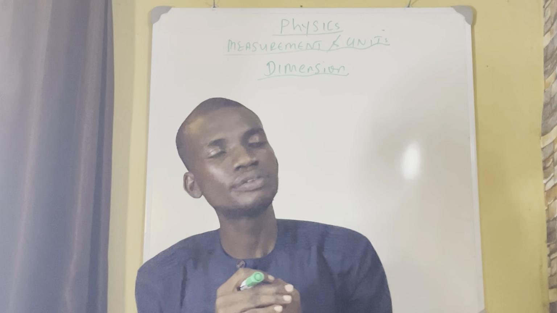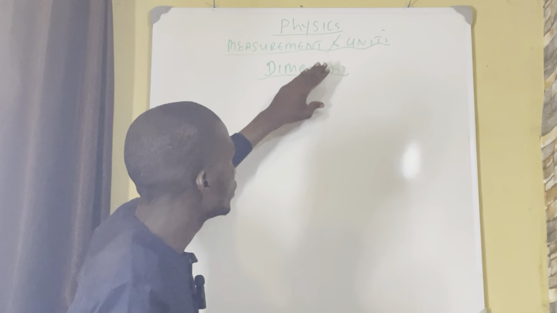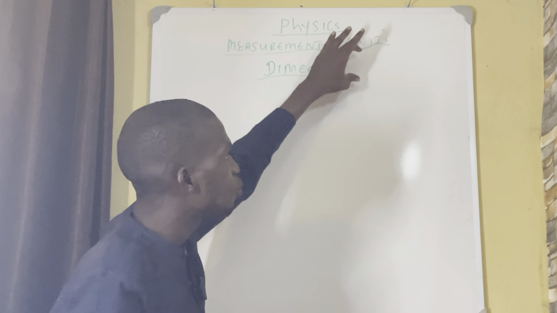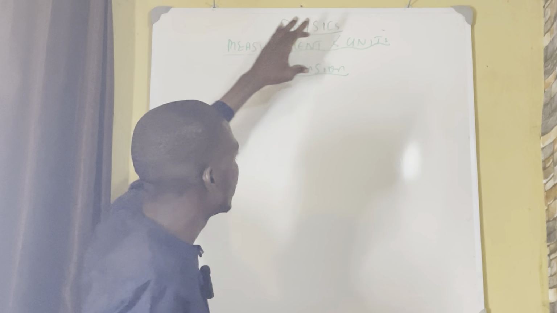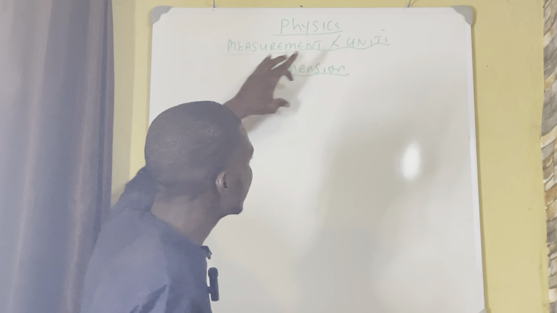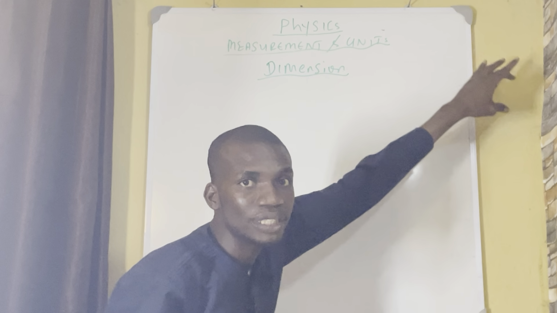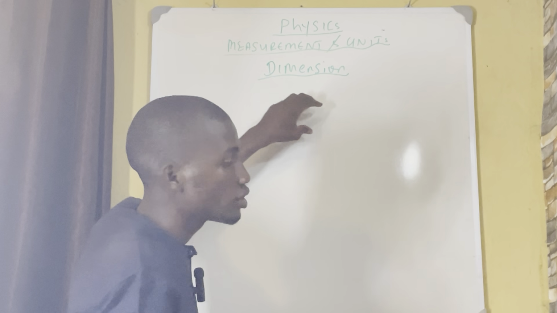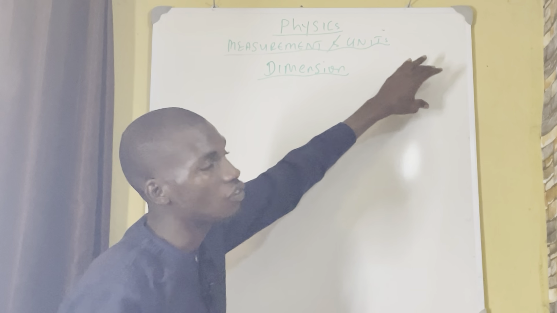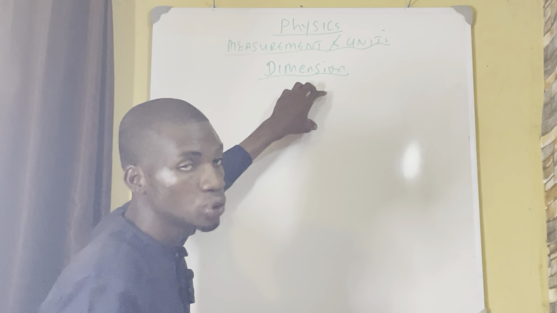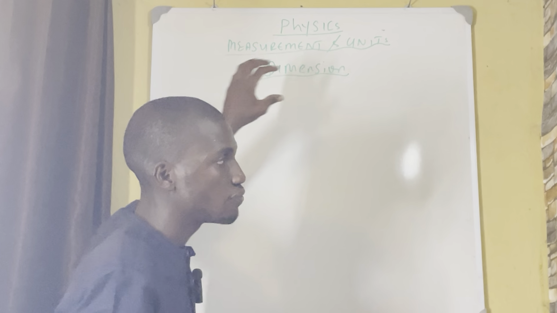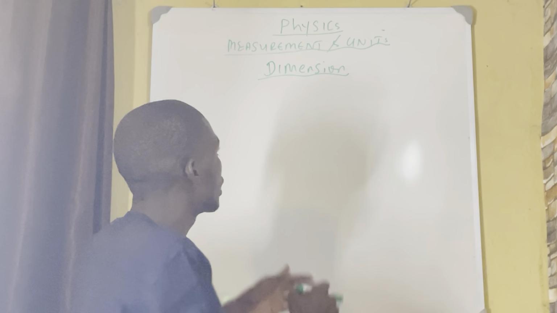Do you understand? This is all about when you express the quantity in terms of the three basic fundamental quantities, or when you convert the quantity to the three basic fundamental quantities. It is called dimension.